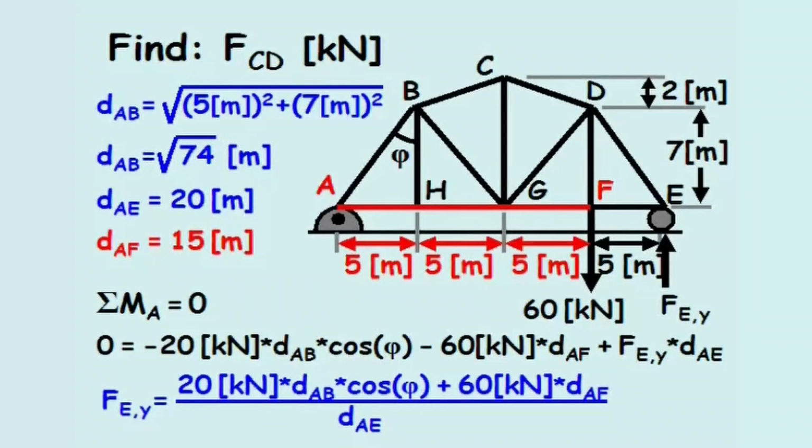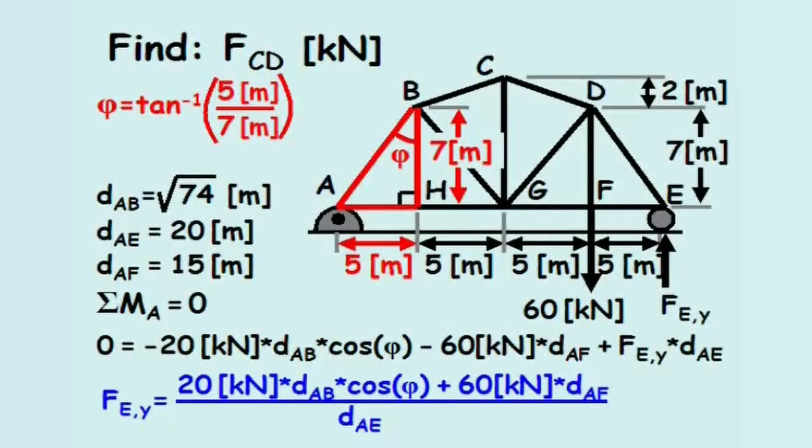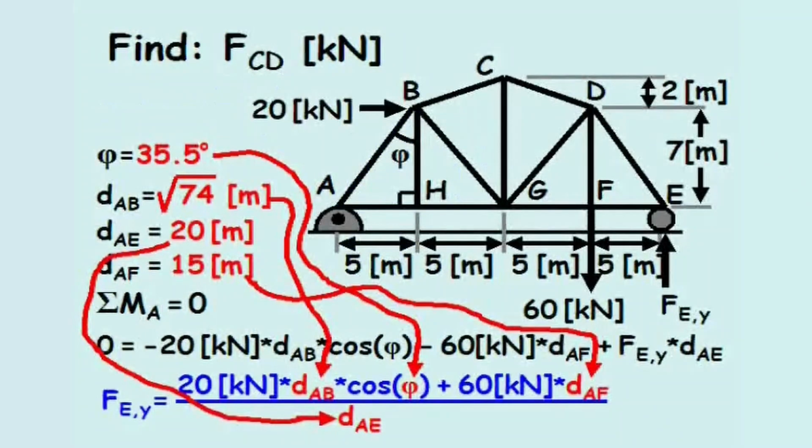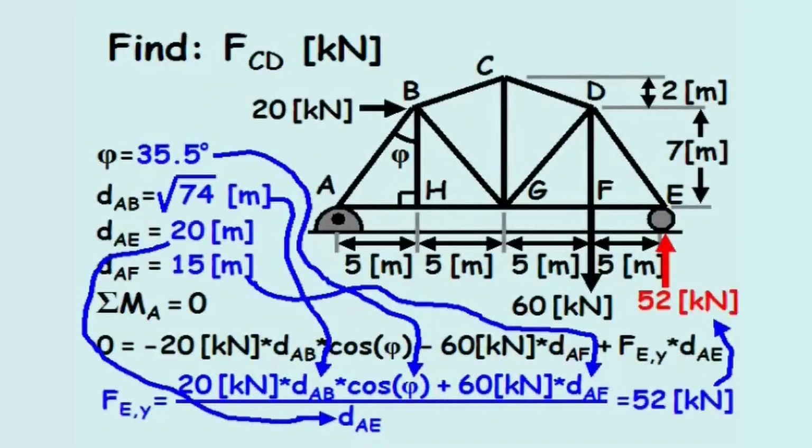The angle phi is calculated by taking the arctangent of 5 meters divided by 7 meters, which equals 35.5 degrees. Plugging in the angle, the lengths, and the forces, the vertical reaction force at joint E equals 52 kilonewtons, and we can add this value to the figure.